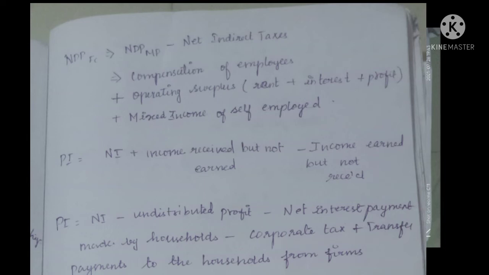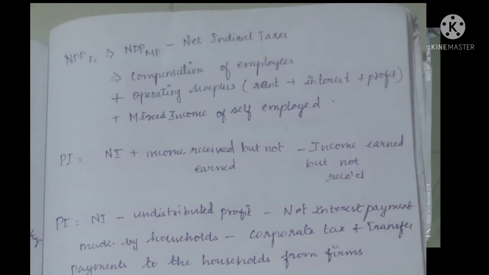Another formula for personal income is, from national income you have to subtract undistributed profits, net interest payments made by households, and corporate tax, and you have to add transfer payments to the household from firms and government.